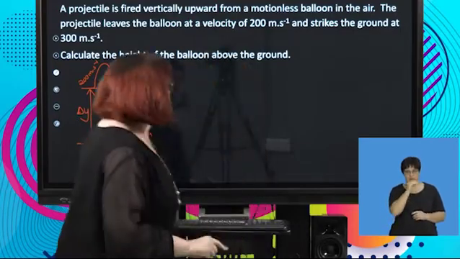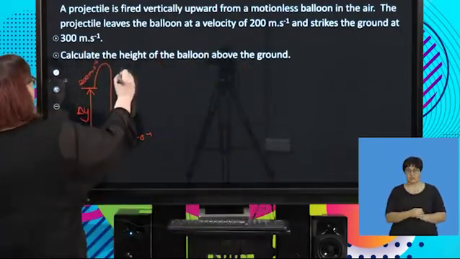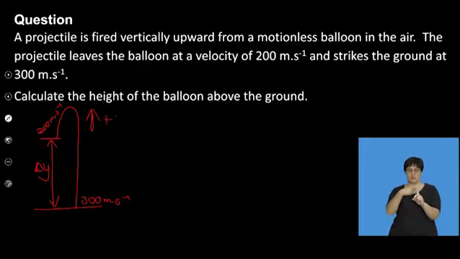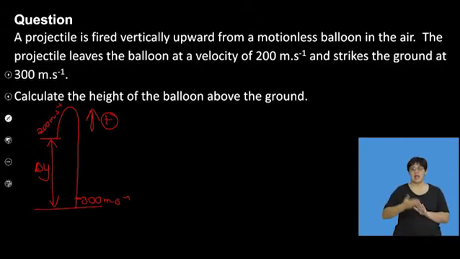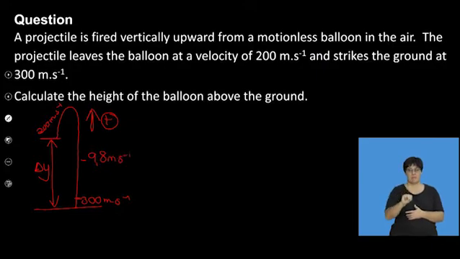That means for this question, I'm taking up as positive. So that tells me my final velocity is minus 300. What they don't tell you is what acceleration is. But we know it's always 9.8 meters per second squared down.